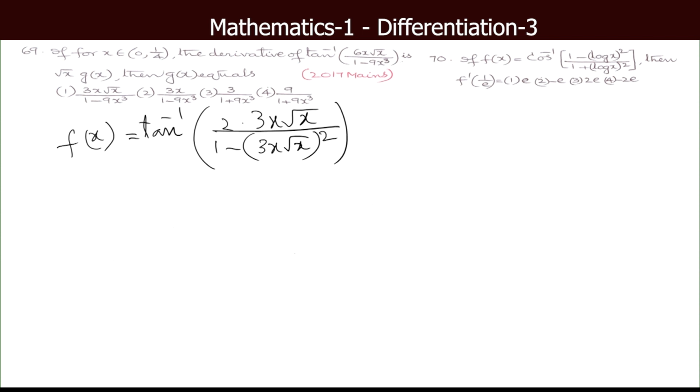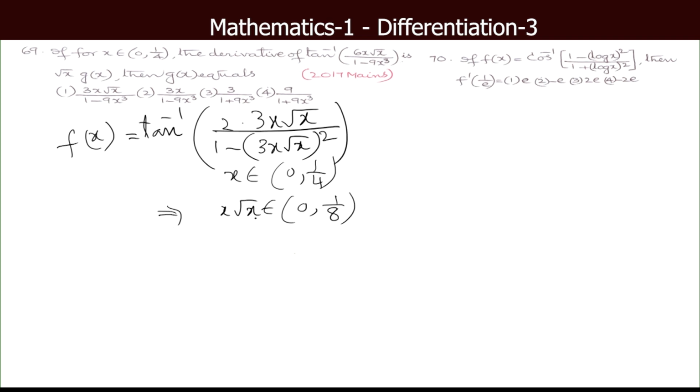So, here x belongs to 0, 1 by 4. Implies x root x belongs to 0, 1 by 4 whole power 3 by 2, which is 1 by 8. 4 into 2 square, 2 square whole power 3 by 2. x power 3 by 2, that is x root x.